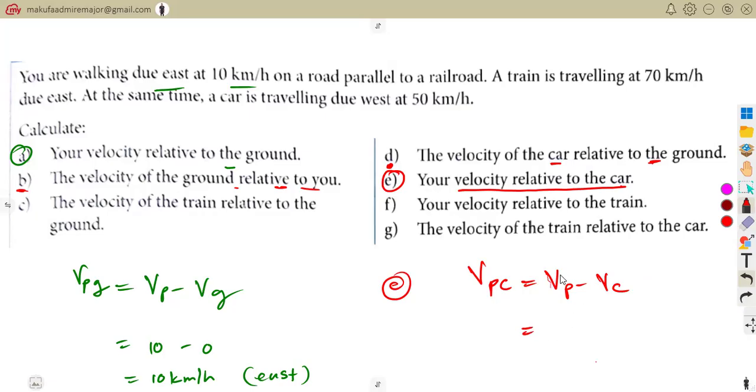The car is traveling at 50 kilometers per hour to the west, and our person is traveling east. So it's going to be 10 kilometers per hour minus minus 50 kilometers per hour, which is 60 kilometers per hour. That is positive, so it's to the east, as we are given east as the direction.